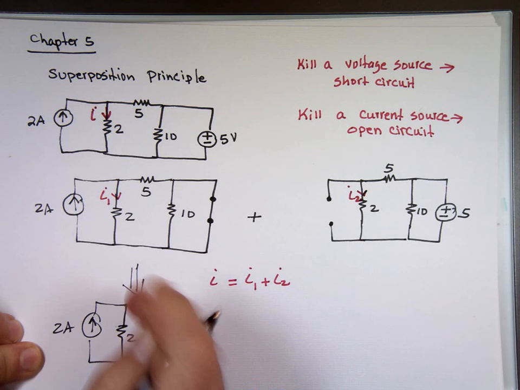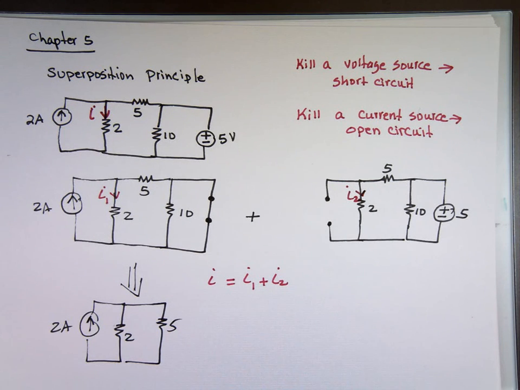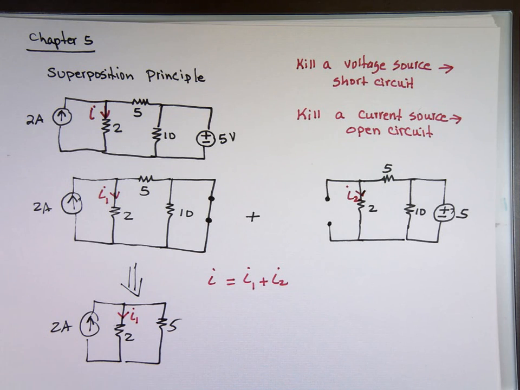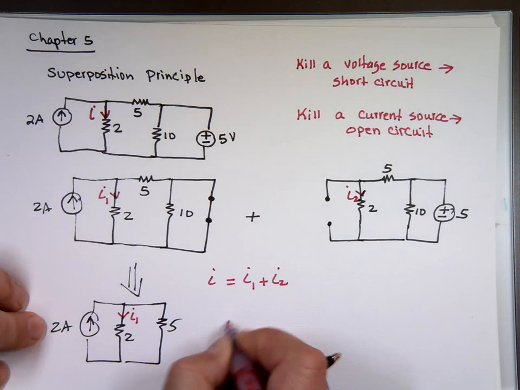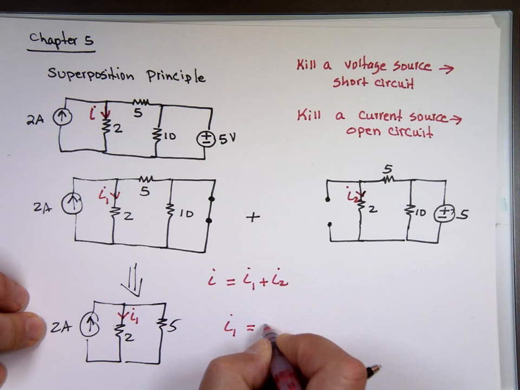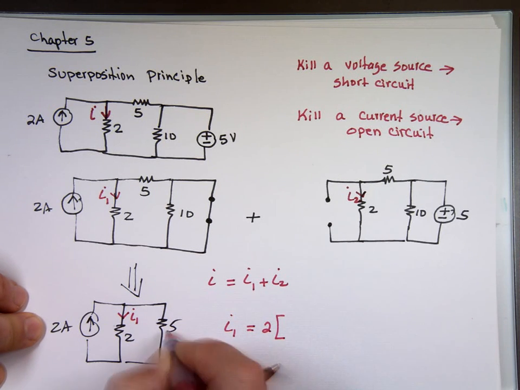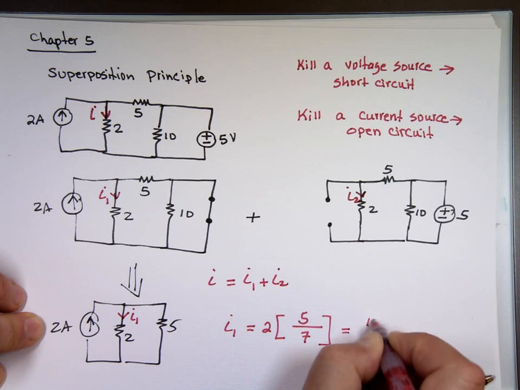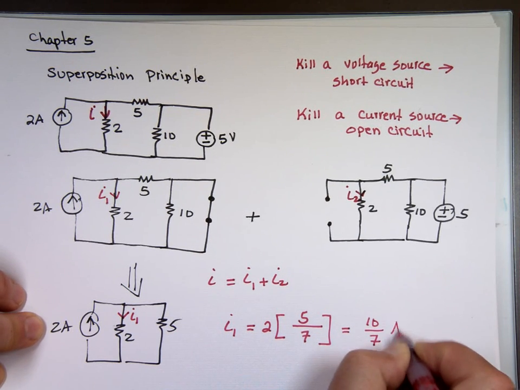It doesn't matter if I put it on the top or down here. Can we find I sub 1? Current division, correct. I sub 1 is going to be the 2 times 5 over the sum of them, which is 7. 10 over 7 amps.